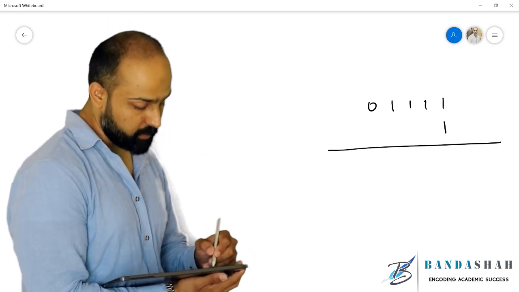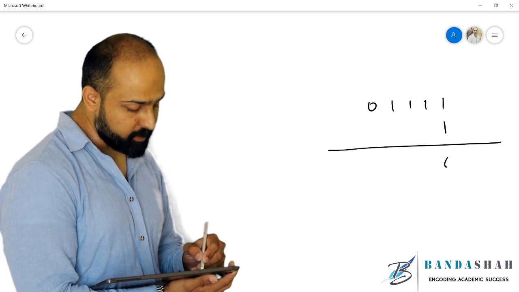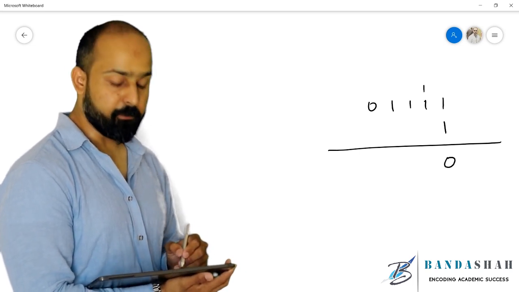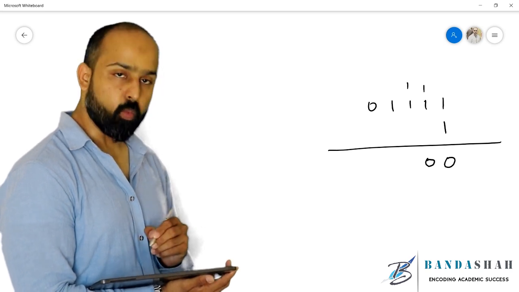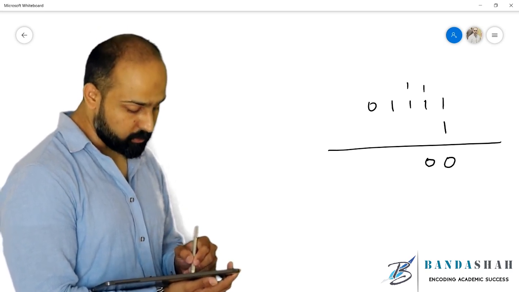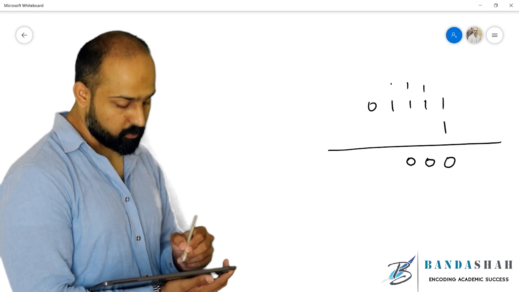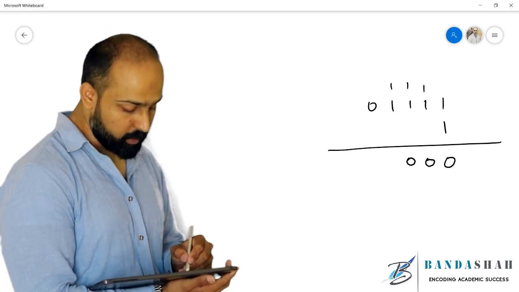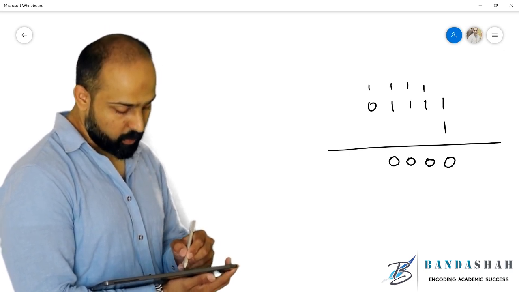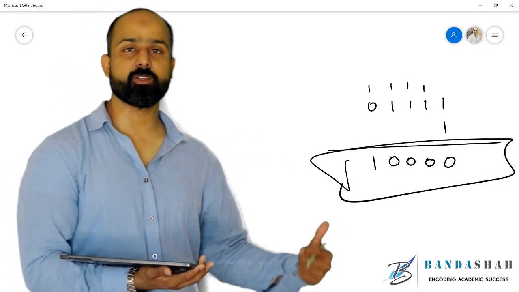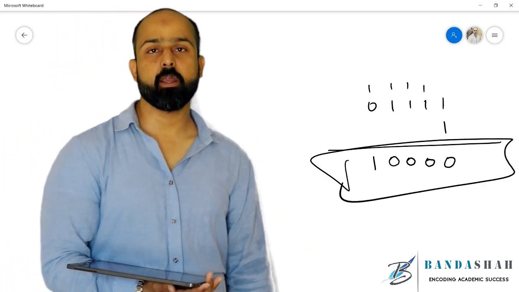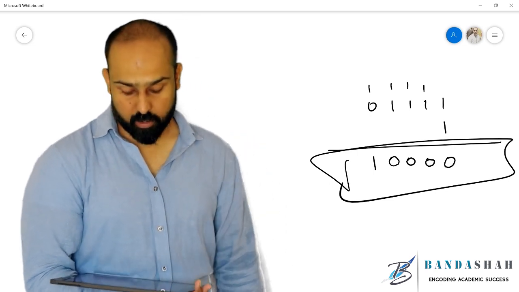Look carefully. 1 and 1, sum will be 0, 1 will be carried. Again it's 1 and 1, sum will be 0, 1 will be carried. Again 1 and 1, 0, 1. 1 and 1, 0, 1, 1. So this will become like this. This is your binary addition, which you can apply in 1's and 2's complement.